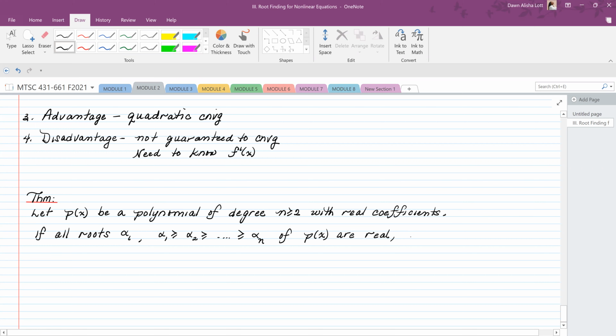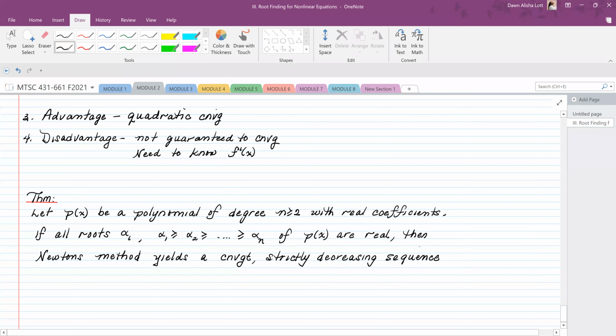then Newton's method yields a convergent strictly decreasing sequence XK for any initial value X naught greater than alpha 1.